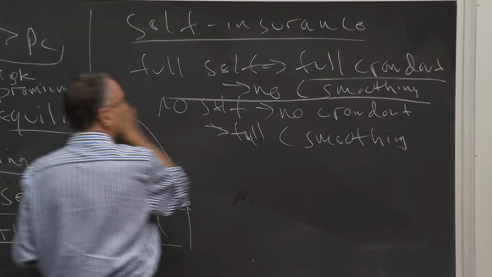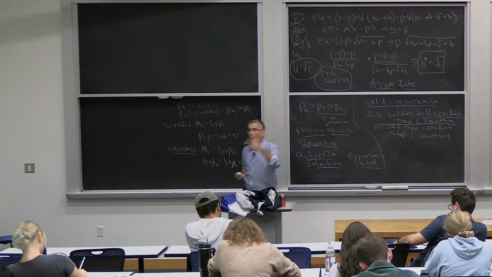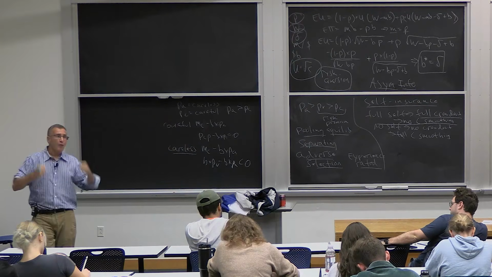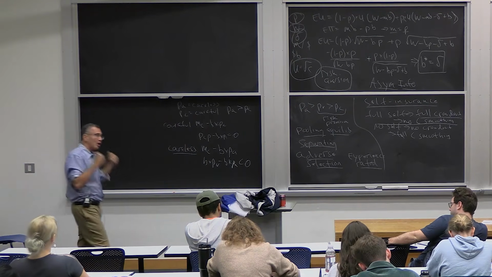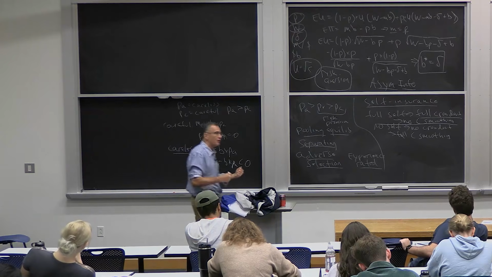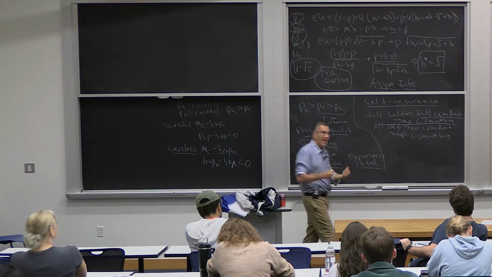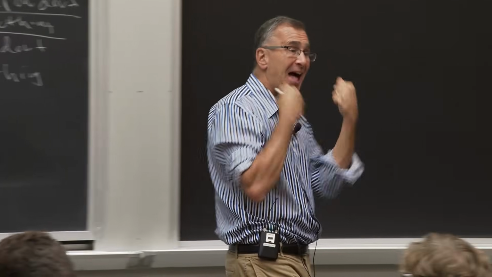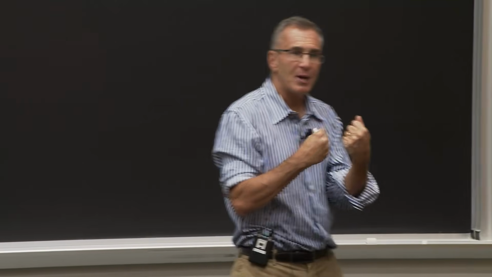So look what we have here. We have a trade-off. The more self-insurance you have, the more government insurance is not smoothing your consumption. It's just crowding out your self-insurance. And since the goal of social insurance is to smooth consumption, it's less valuable the more self-insurance you have.